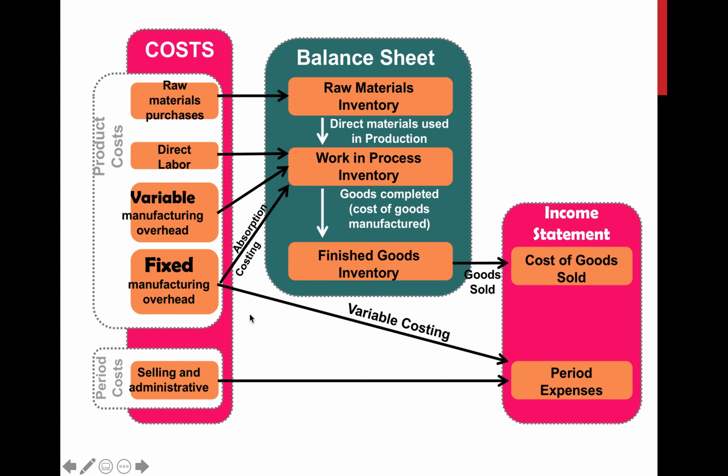Okay, then you finish the process and you consider the finished goods inventory. When you have finished goods inventory under variable costing, the cost will be lower, right, than all the same units that you have under absorption costing.